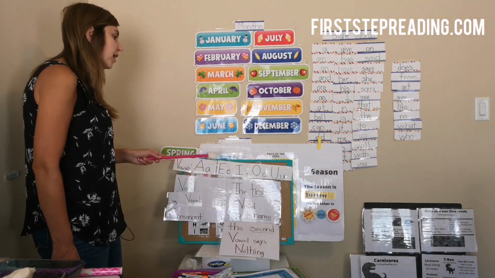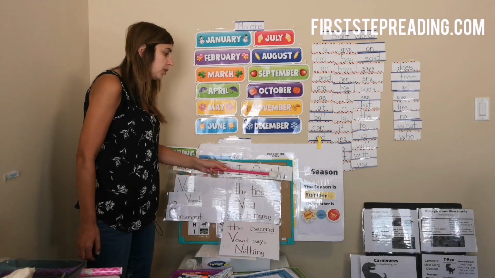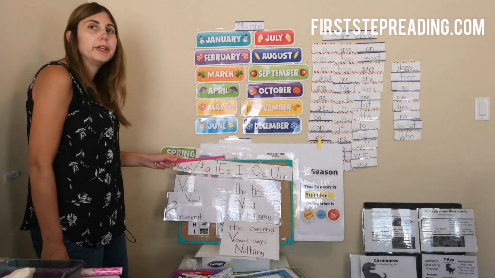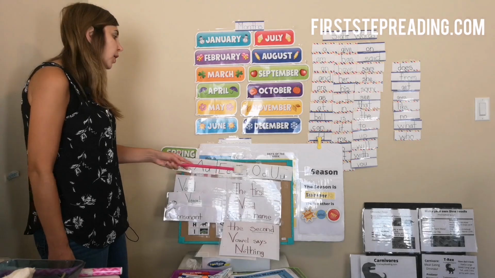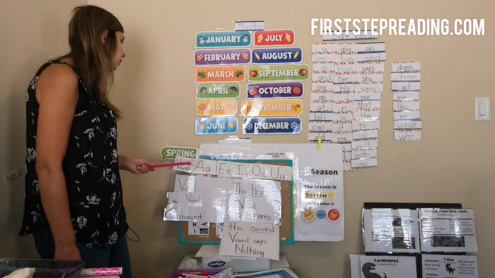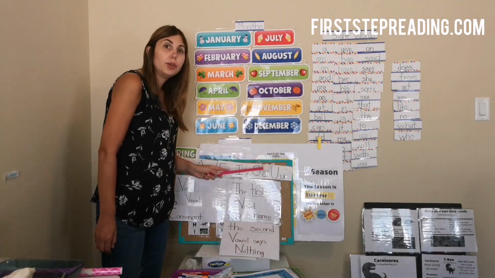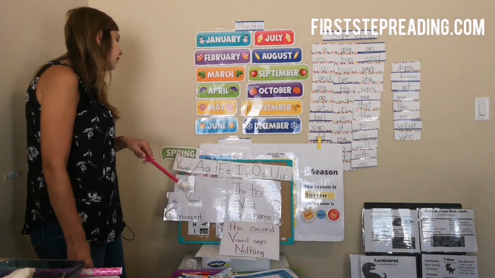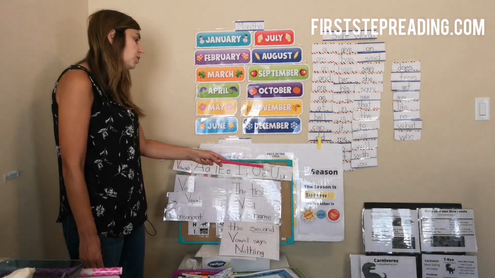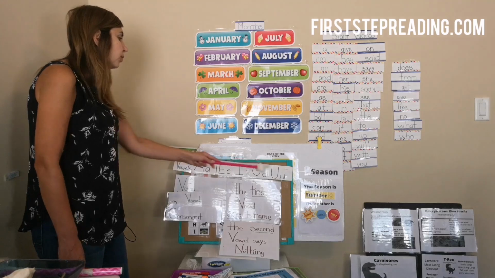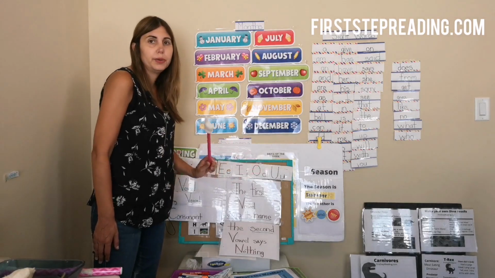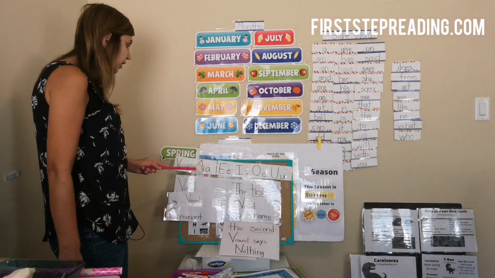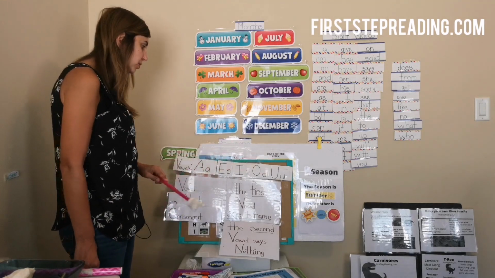I is a vowel, A-E-I-O-U. O is a vowel, a vowel, a vowel. O is a vowel, A-E-I-O-U. U is a vowel, a vowel, a vowel. U is a vowel, A-E-I-O-U. These 5 letters are our vowels.